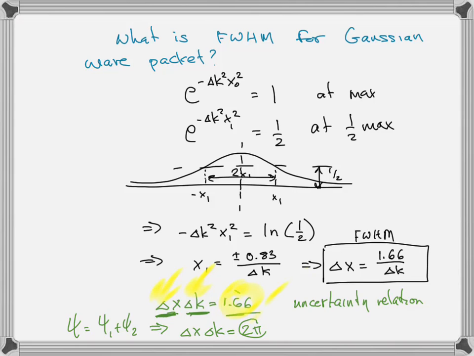So a smaller constant is good. And the Gaussian wave function, certainly 1.66, is smaller than 2 pi, which is 6.28. So we can localize our particle better with the Gaussian wave function than with the two component wave function.